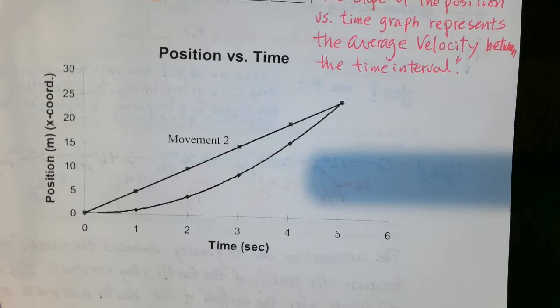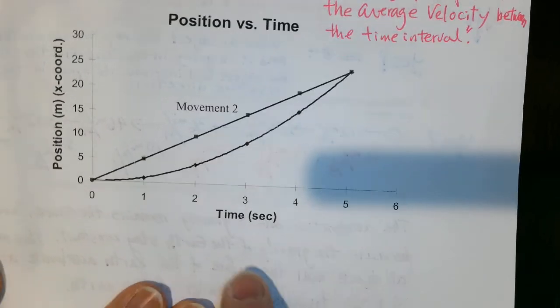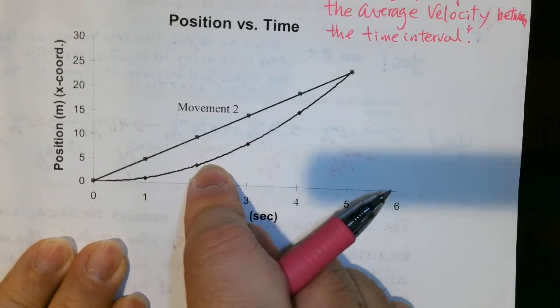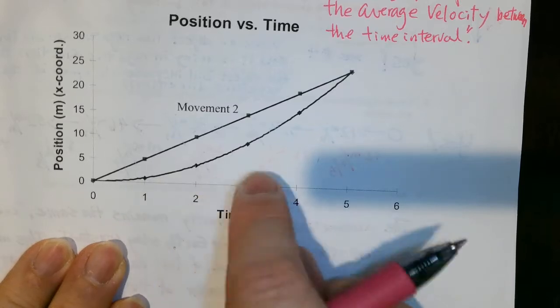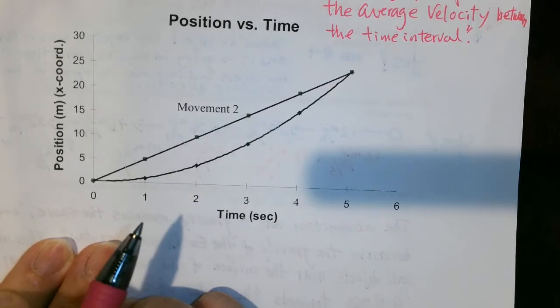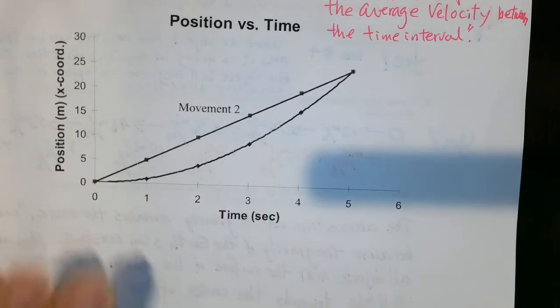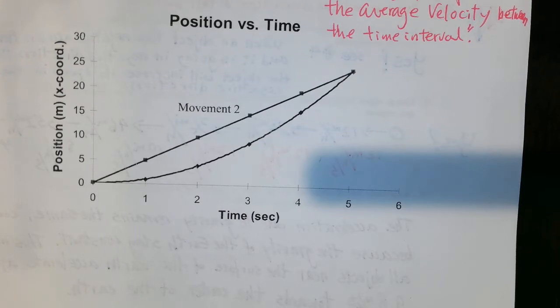Then it's moving at a constant velocity. When the slope is not the same between the time intervals, that means there's definitely change in velocity. And when there's change in velocity, there's definitely an acceleration.